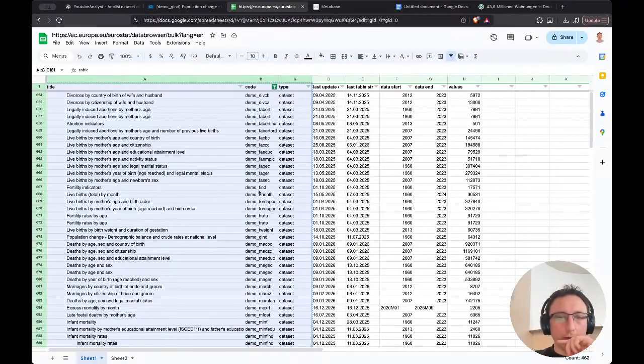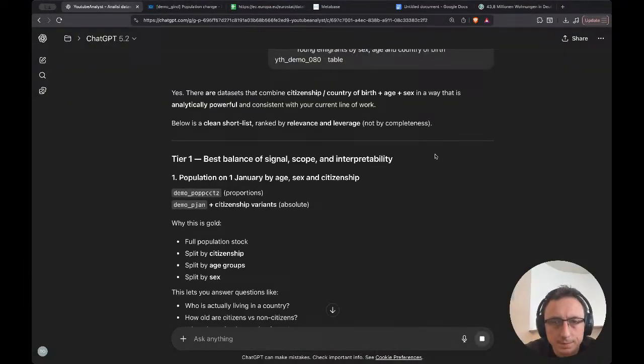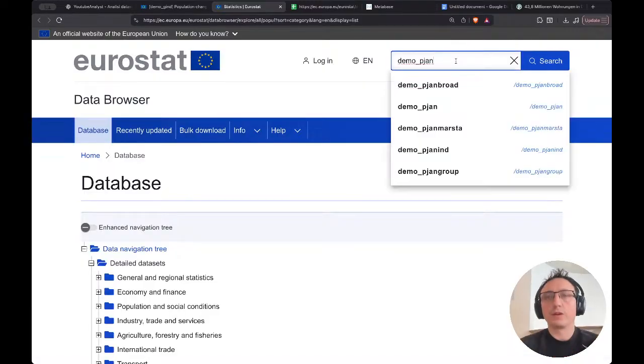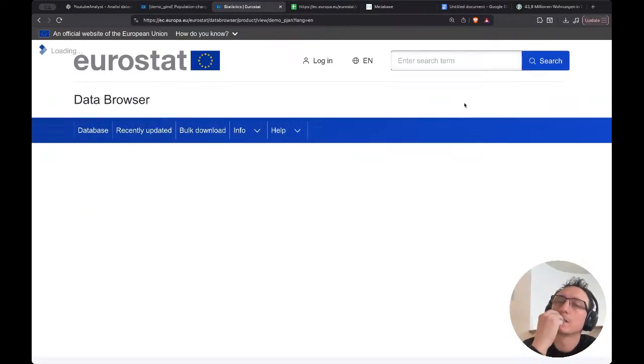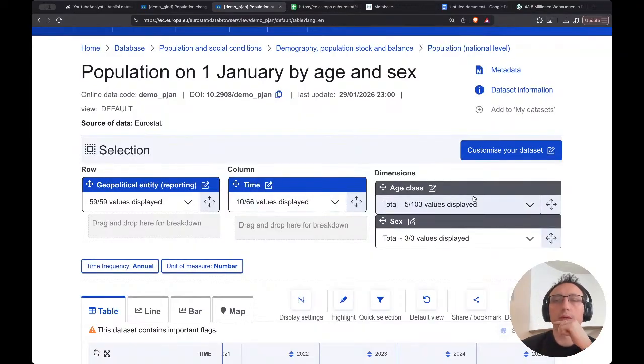So here I have all the data sets of Eurostat. I'm not a huge fan of this one in particular. Let's see if we can find a better data set, like for example this one.